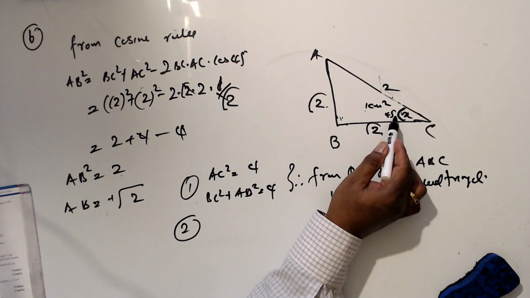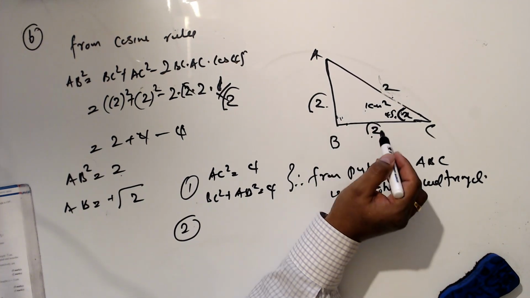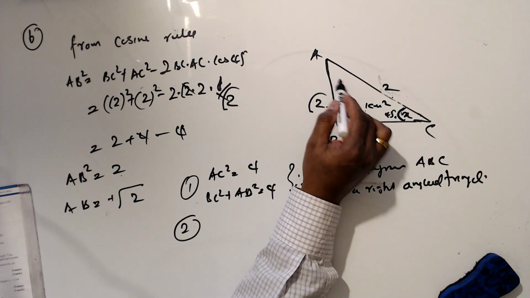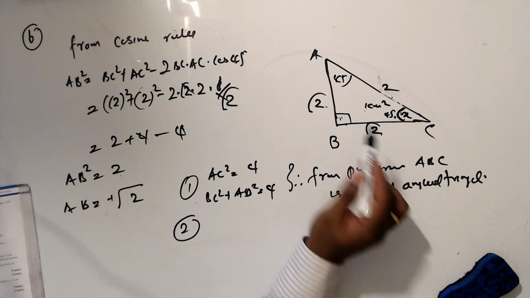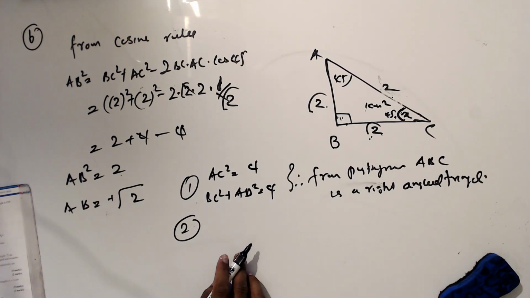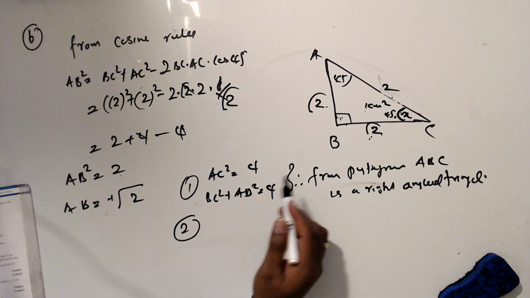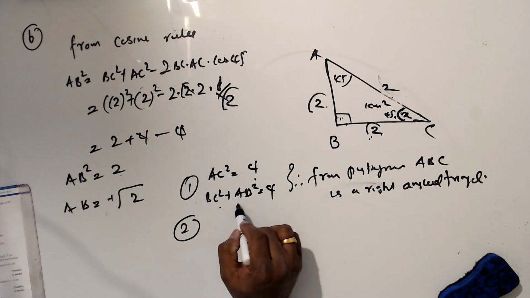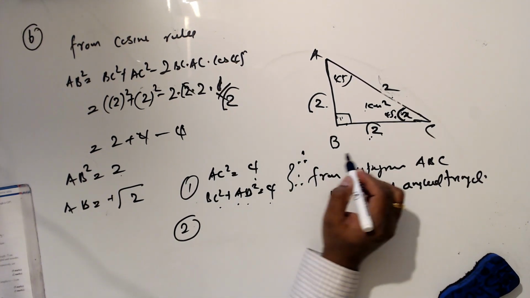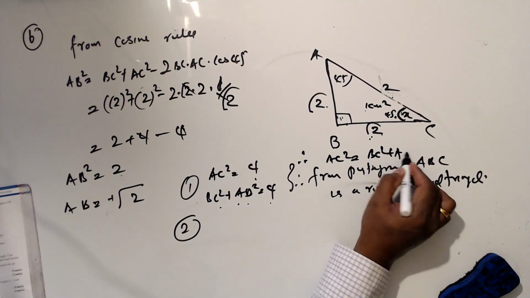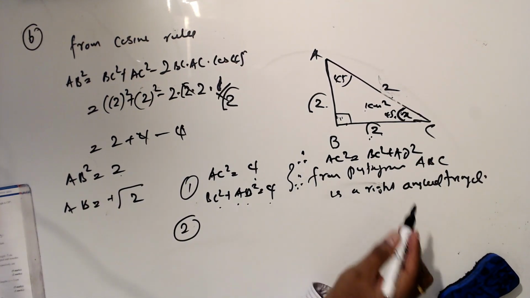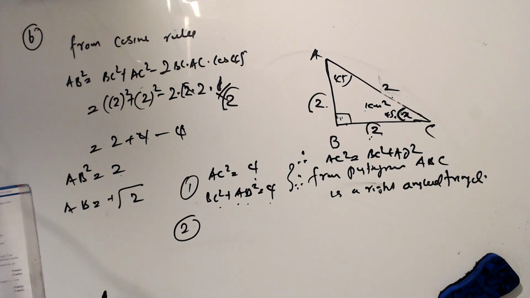Or you can work out like this as well. So this is 45, and since it is isosceles, this is square root 2, so this is isosceles, this is 45. Hence, this has to be 90. So you want to give that argument. There's one thing I need to add. AC square 4, BC square plus AB square is 4. Hence, AC square equal BC square plus AB square. Hence, from Pythagoras, ABC is a right angle.